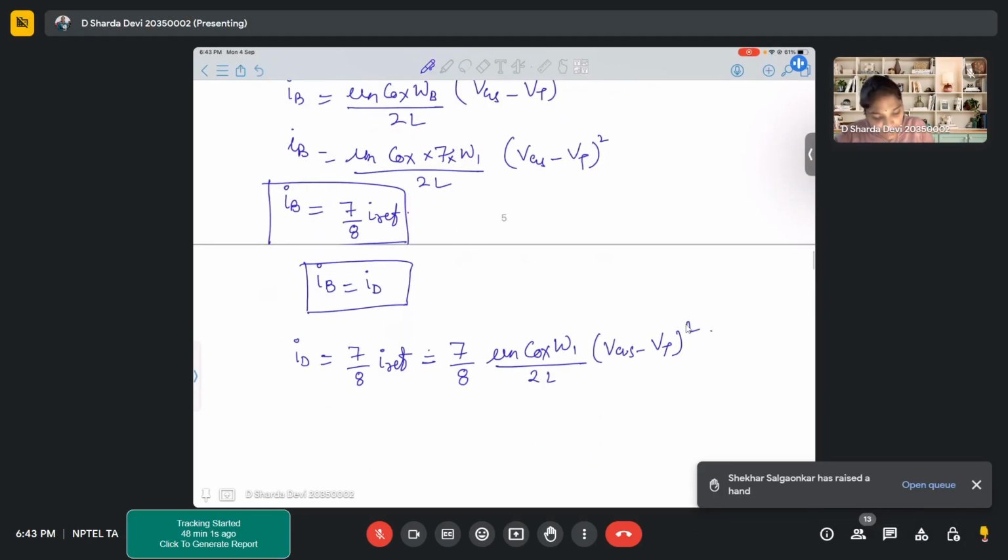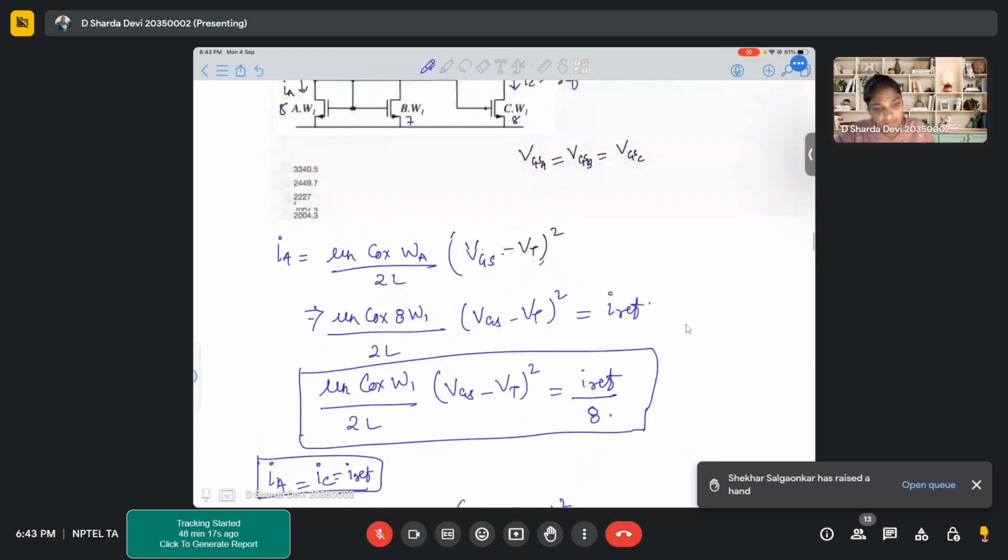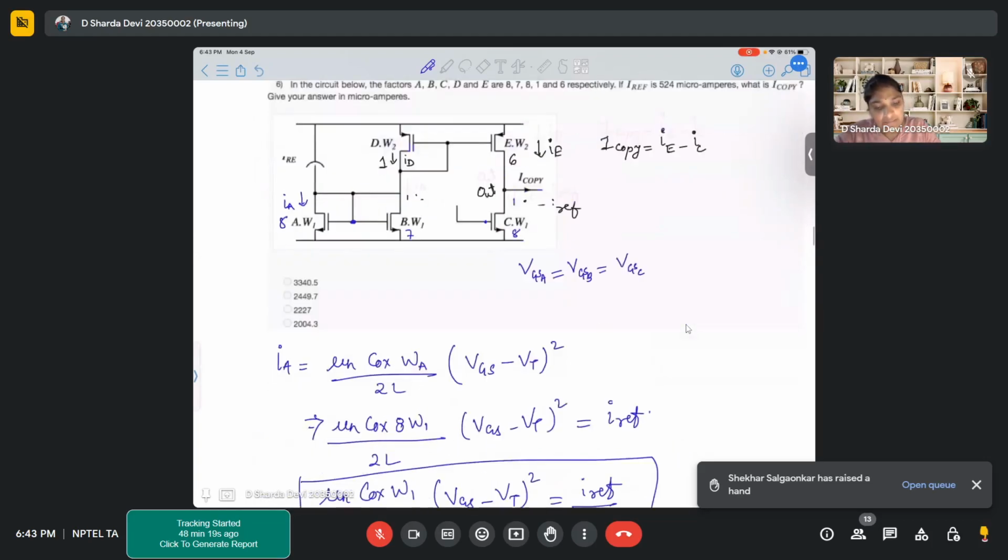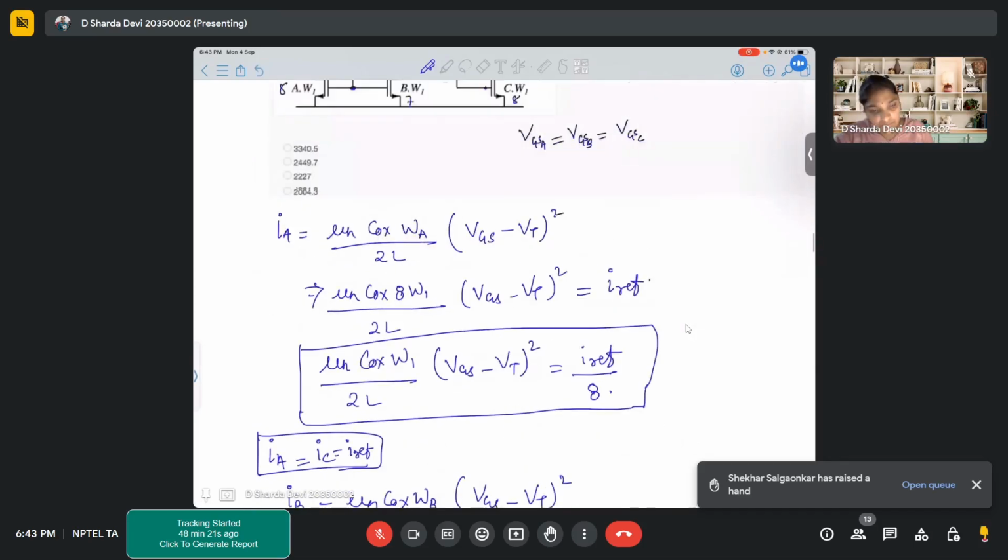Now ID has become 7 by 8 times of IREF, mu p Cox W2 by 2L (VSG minus VT) whole square, correct? Writing it from a PMOS point of view.